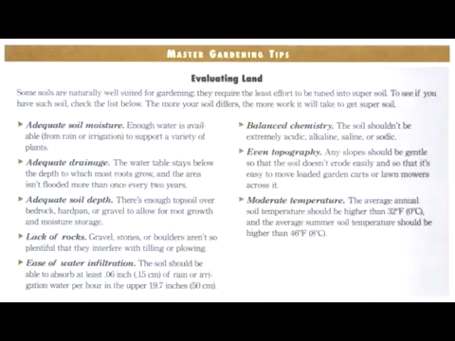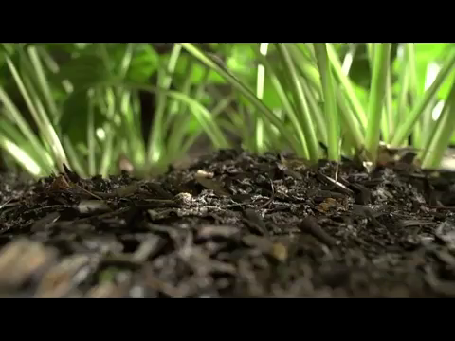An even topography. Any slopes should be gentle so the soil doesn't erode easily and so that it's easy to move loaded garden carts or lawnmowers across it. Moderate temperature. Average annual soil temperature should be higher than 32 degrees Fahrenheit, 0 centigrade, and the average summer soil temperature should be higher than 46 degrees Fahrenheit, or 8 degrees centigrade.